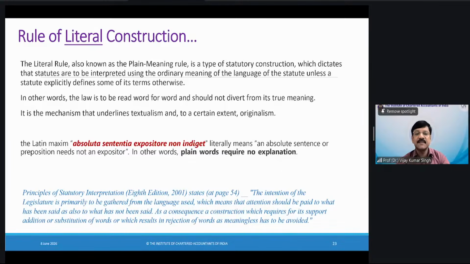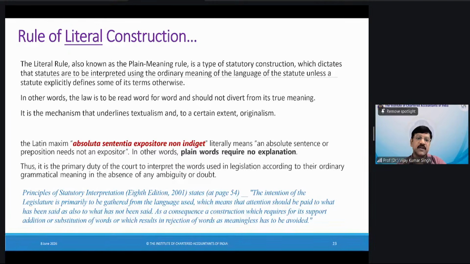So the Latin maxim absoluta sententia expositore non indigent is the maxim which applies here, and its literal meaning in English would be an absolute sentence or proposition needs not an expositor. That means plain words require no explanation. So if law is clearly written, you go ahead with the rule of literal construction. This is what it says.